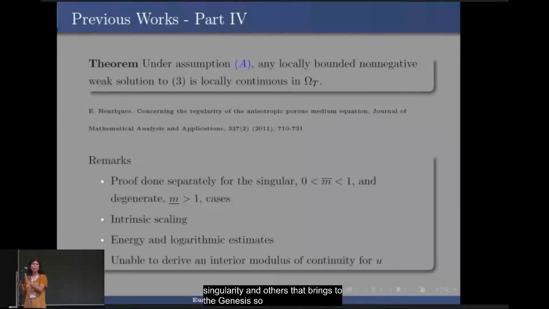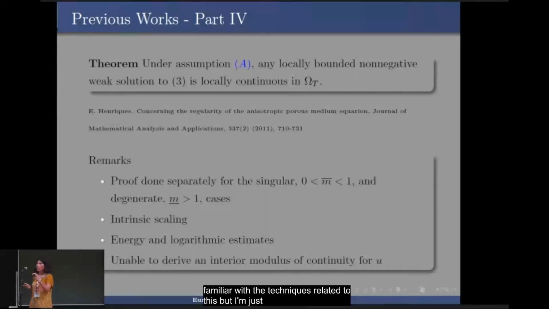So all of them should be greater than 1, and we are in this slow diffusion range, or all of them should be less than 1, and we are in the singular case, the fast diffusion.